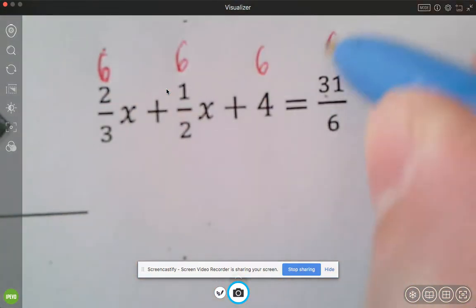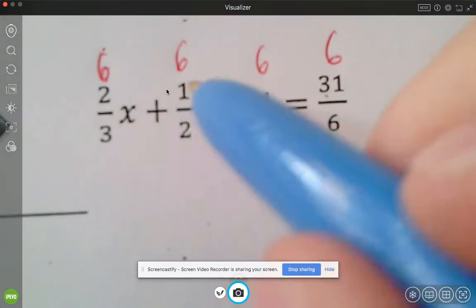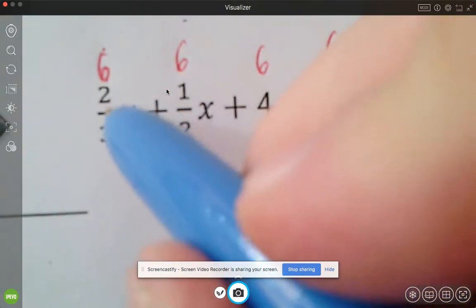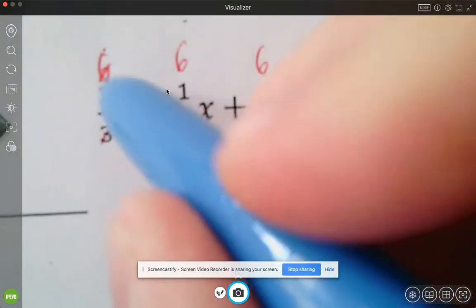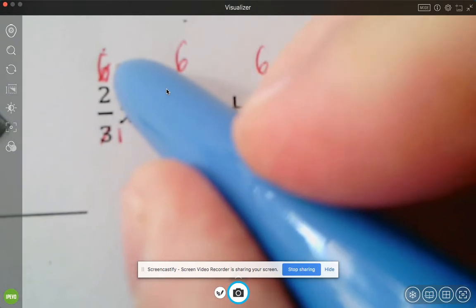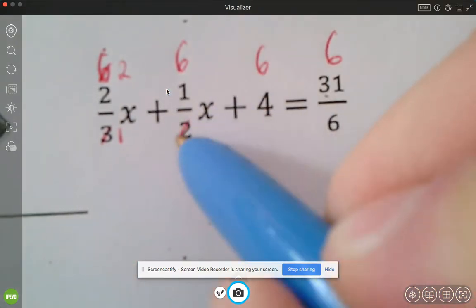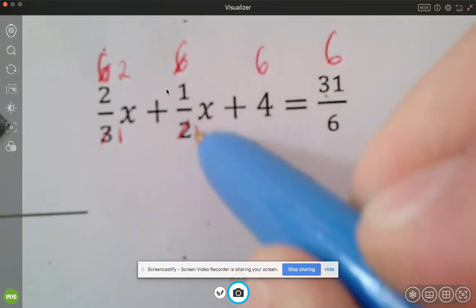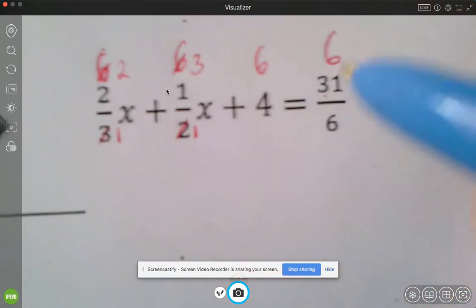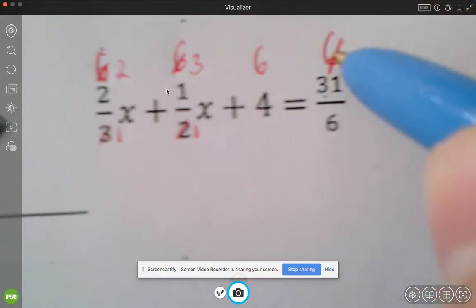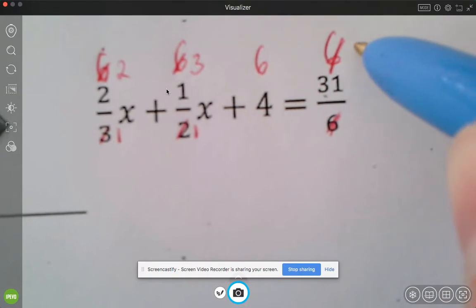6, 6, and 6. All right, so first thing I'll do, I can cross simplify. This would become a 1, and this would become a 2. Cross simplify this for me: a 1 and a 3. And then here, 6 goes into 6 one time, so they both become 1.